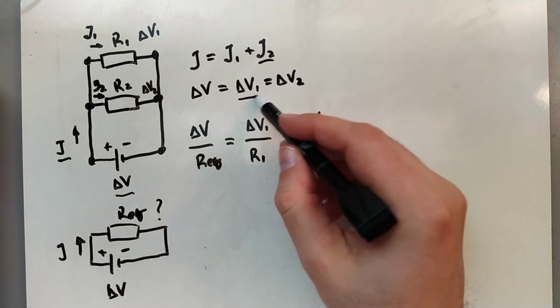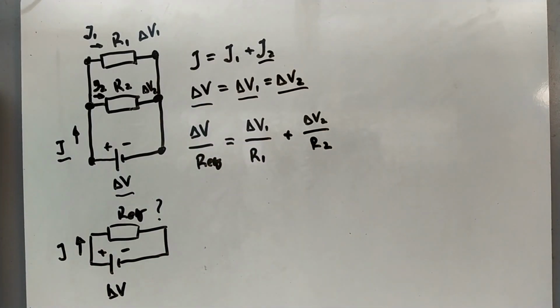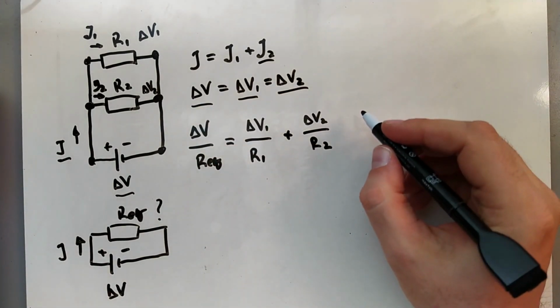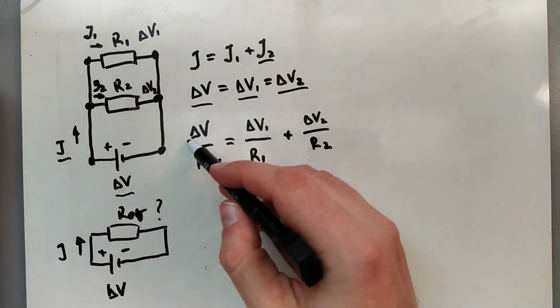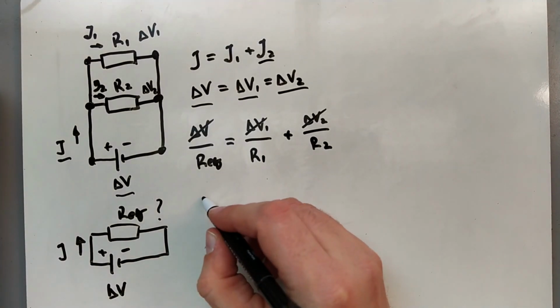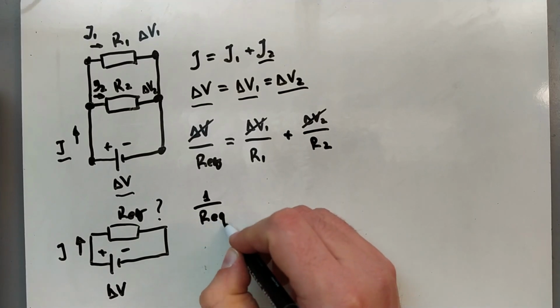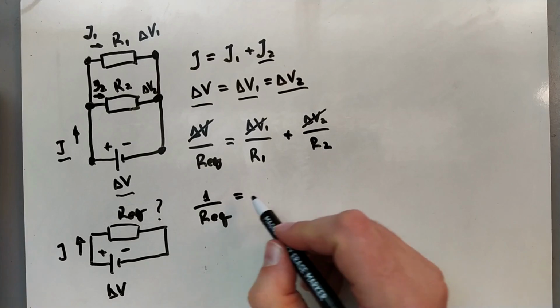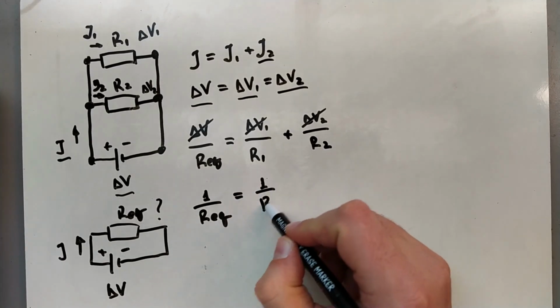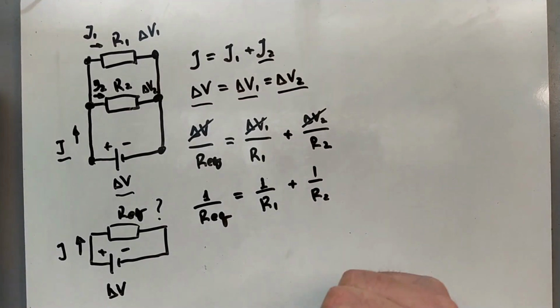Considering that delta V1 and delta V2 are equal to delta V, we can cancel out these potential differences in numerators, and we end up with such expression. 1 over R equivalent is equal to 1 over R1 plus 1 over R2.